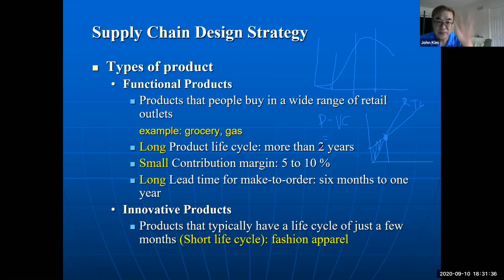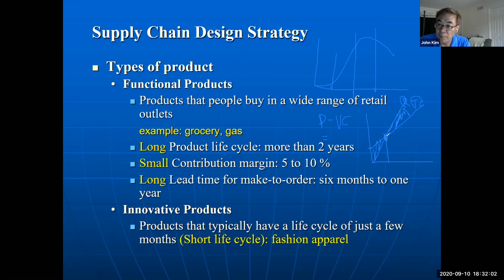So price minus variable cost is margin. Sometimes we call that profit. But after this break-even point, the area between revenue and total cost, we call this area profit.